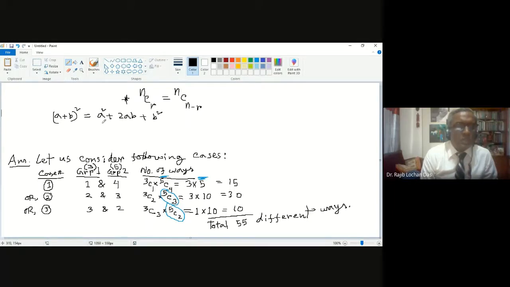If you think about A plus B whole cube, then you will see four terms. First one is A cube, then 3A square B, then 3AB square, and then B cube. So altogether four, 1, 2, 3, 4 terms. Does somebody know the A plus B whole to the power 4 formula? Anyone knows that?